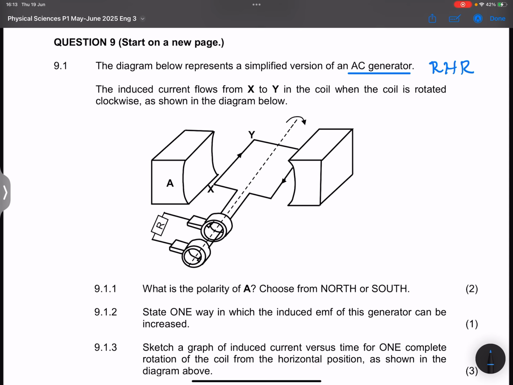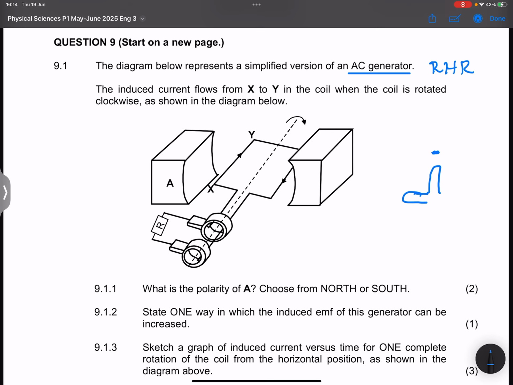Okay, right, so firstly, we know that we place our fingers at right angles to each other. So this is going to be your thumb over here. And you're going to have your index finger. In that case, that shows you the direction of the field. So that's the one that we'll use to determine the direction of the magnetic field. So it will tell us whether this is north or south.